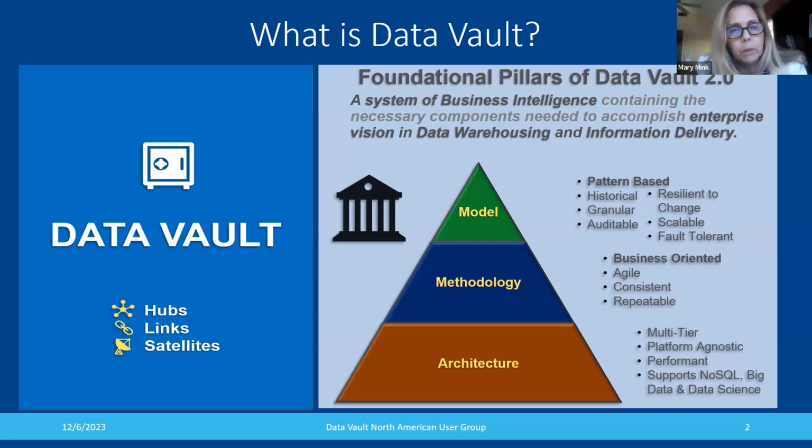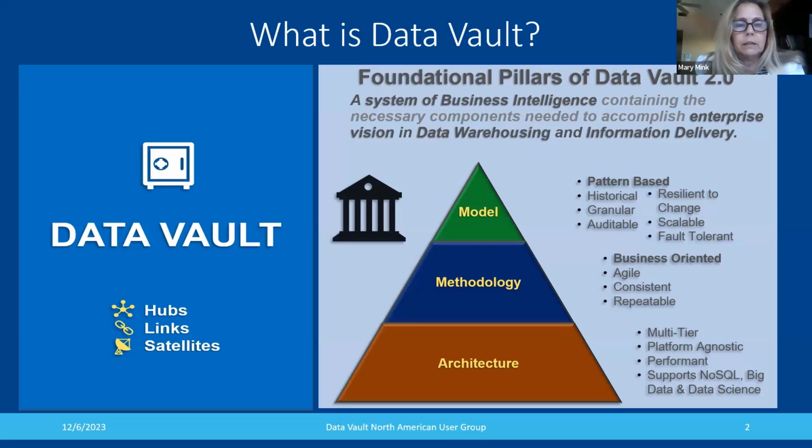And then the third component of Data Vault is the architecture. One of the awesome things is it's platform agnostic. You can build it in SQL Server and Oracle, in the cloud, in Snowflake, in Synapse, anywhere. It can be built and utilized, and you can transport it easily.